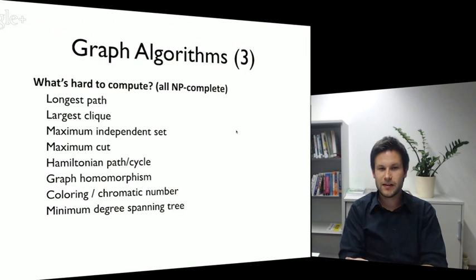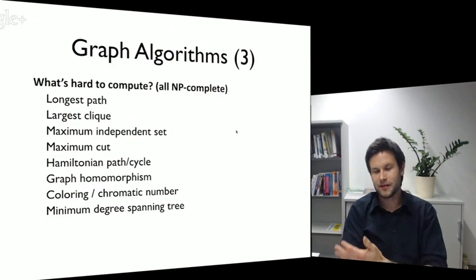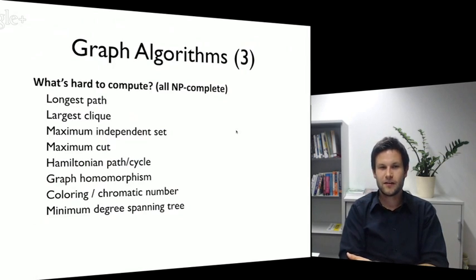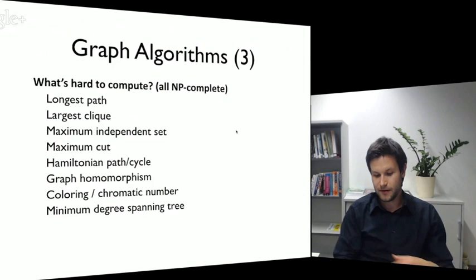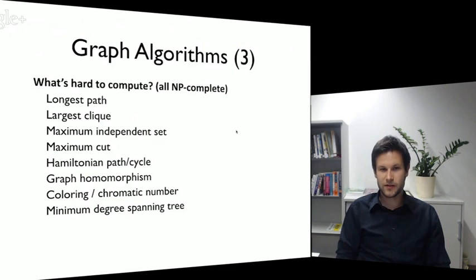Or finding the largest clique, or finding, I don't know, the minimum degree spanning tree, and so on. But I'm not going into details here. Just keep in mind that there are things you want to know about a graph which are really, really hard to calculate. It's an optimization problem, and you can't really find a solution in polynomial time.